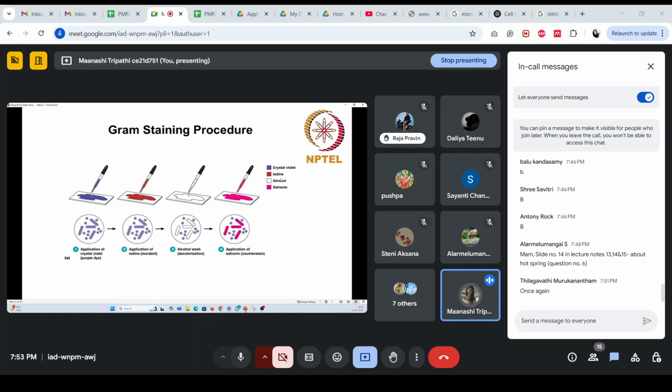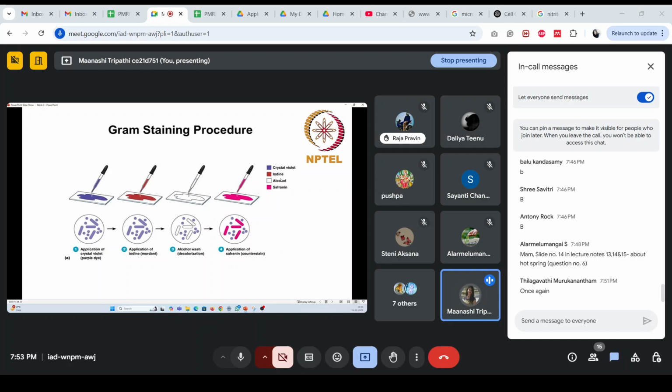Some bacteria will retain this purple color, but other bacteria will be washed out. It will become transparent again, or take whatever color the bacteria was holding initially. So purple color will be washed out from certain bacteria. This is called alcohol wash or decolorization.